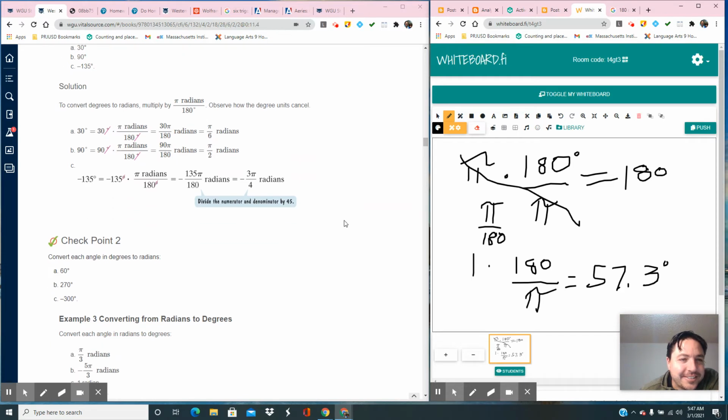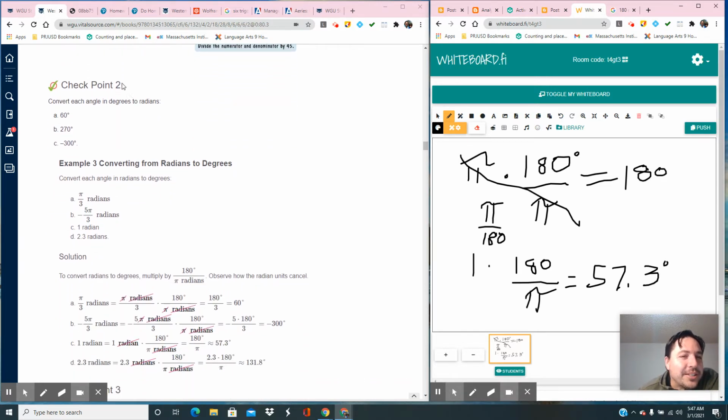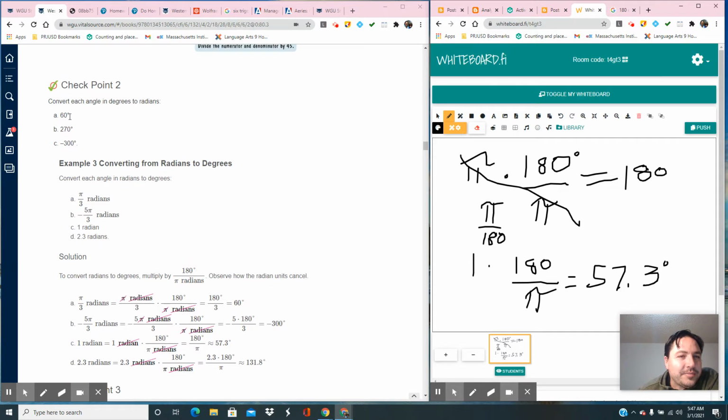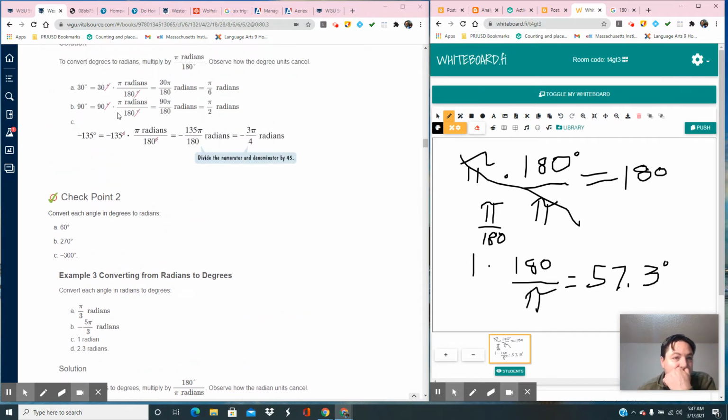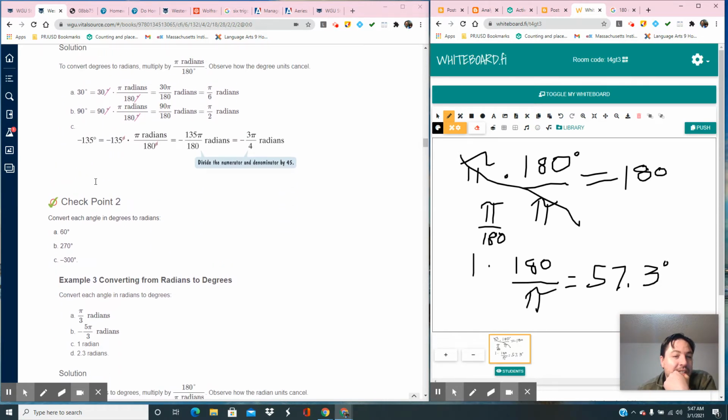Checkpoint 2. Convert each angle in degrees to radians. If I'm converting this to radians, which is what I did before, how many 60s are there in 180?